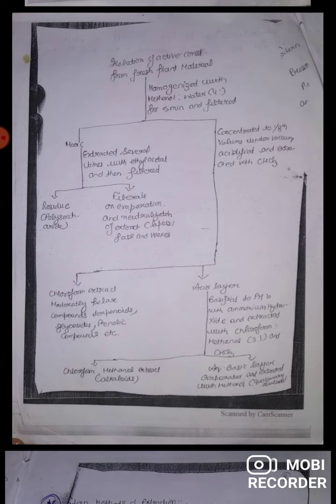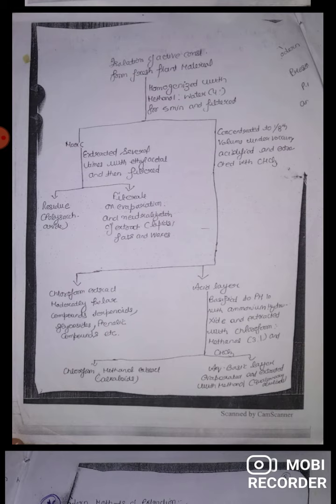Firstly, we homogenize the plant material with methanol and water, in a ratio of 1:1, for 5 minutes and filter it out. After filtering, the marc, the solid residue of the extracted product, and the filtrate are collected separately.